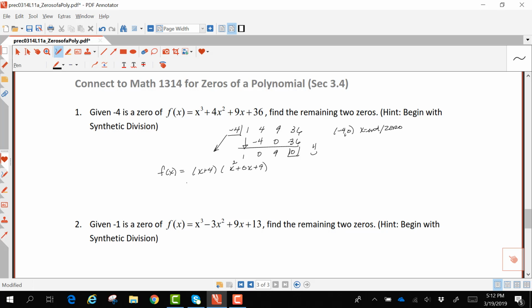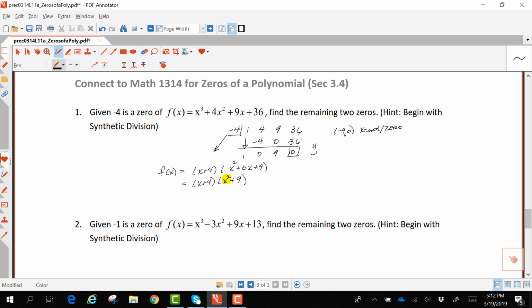It's a little odd to put a 0x in the factored form, so let's rewrite this as x squared plus 9. Once I get a quadratic polynomial, the goal is to either factor it, use the square root property, or go to the quadratic formula to get the zeros from the quadratic equation.